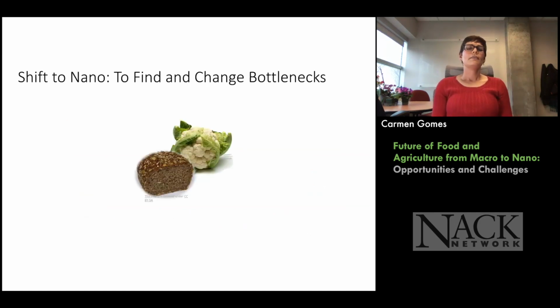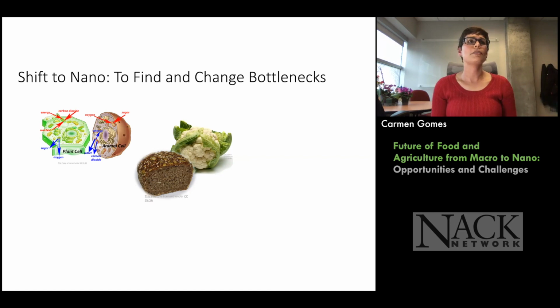So my call here is to shift to nano to find and change the bottleneck. Nanotechnology can definitely assist in this by looking at plant breeding, by understanding how phytochemicals are produced, how you can properly intensify the production of certain chemicals, nutraceuticals that you want to see in your produce. It's one example.